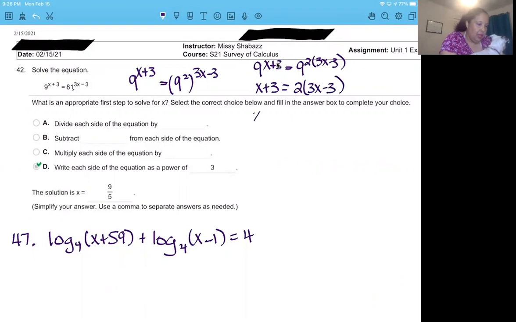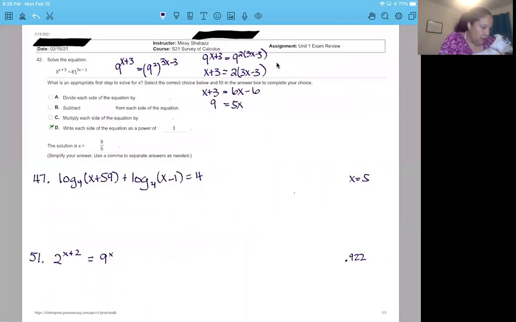All right, let's go ahead and distribute that 2. So I get 6x minus 6. And I'm going to subtract x from the right, and then I'm going to add 6, and I get a 9. Wait a minute, did I do that right?